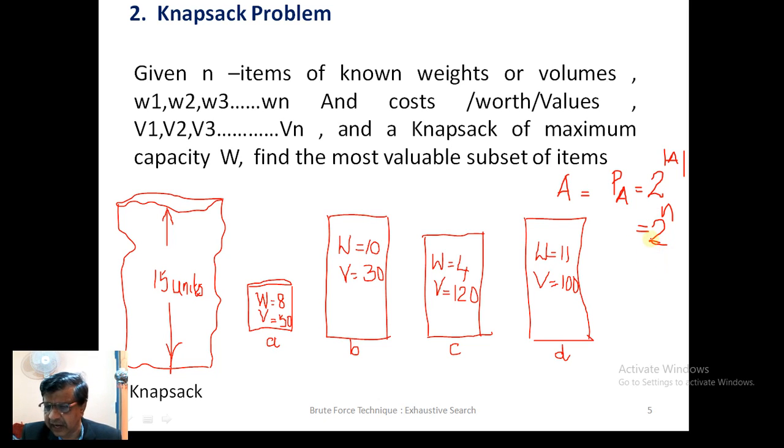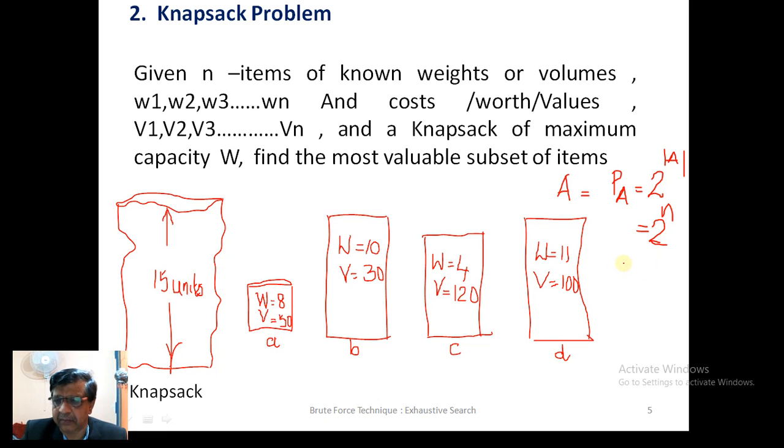For example, if there are 3 valuable things in a godown, you can make 2 to the power of 3 subsets, that is 8 subsets. If it is 4, it can be 16.